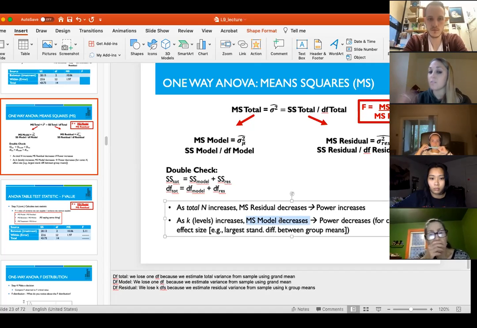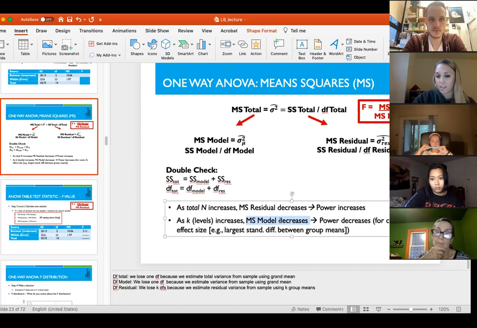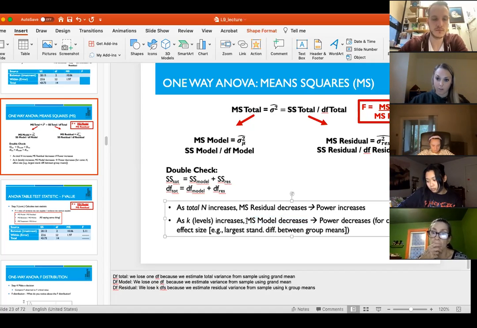This is not surprising if you think about this in experimental terms. Which do you think would be easier to find an effect in, comparing 3 groups or comparing 20 groups with the same number of subjects? So you have 5 subjects, right? It will be easier in the 3 groups because you're penalized for having 20 groups. You're splitting the variation across 20 different groups, right?